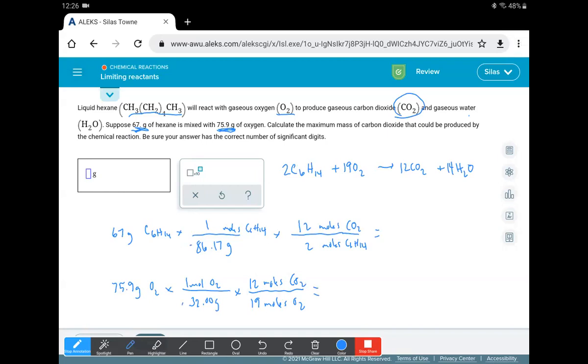You could go all the way to grams if you wanted, and just pick the grams that were less, but I like to go to moles and compare. 67 divided by 86.17 times 12 divided by 2, I get 4.6652. And here I got 75.9 divided by 32 times 12 divided by 19, 1.498.